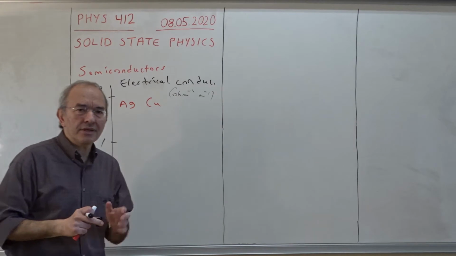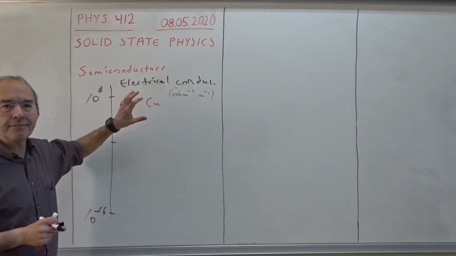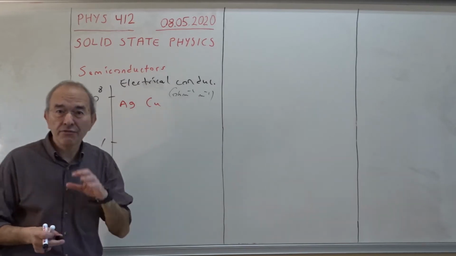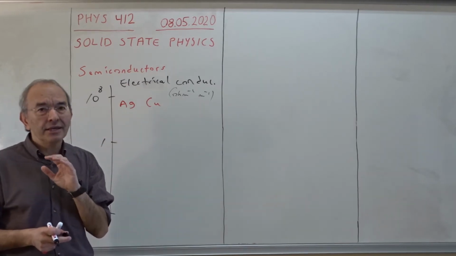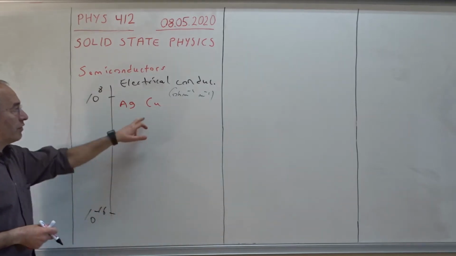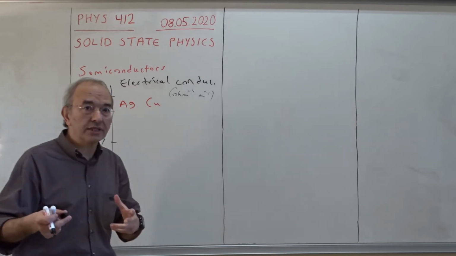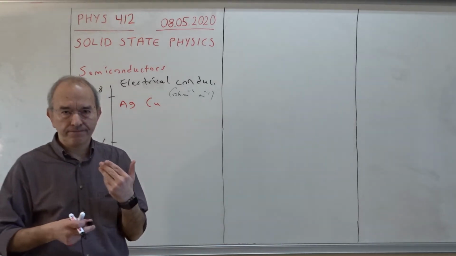They are not exactly at the same level, of course, but we can place them in the same level on a logarithmic scale. So this is very good conductivity, this is very bad conductivity. Very bad, poor conductivity means very good insulation, and vice versa.